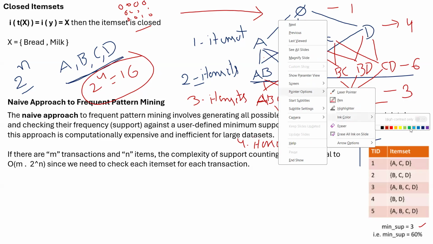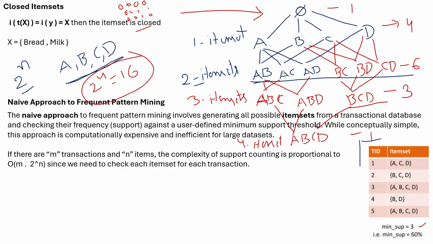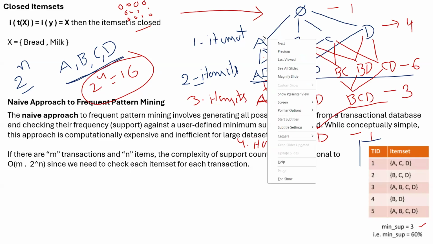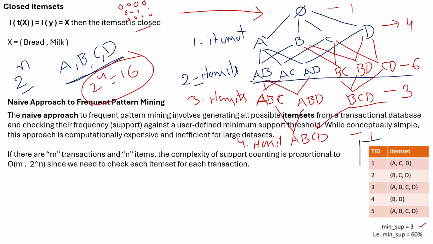You just have to calculate the number of transactions in which A has happened, right? So A happened in the first transaction, the third transaction, and the fifth transaction. So the support of A is 3. What is the support of AB? The support of AB is 2. It happened here in AB, and it happened here in AB. So the support of AB is 2.